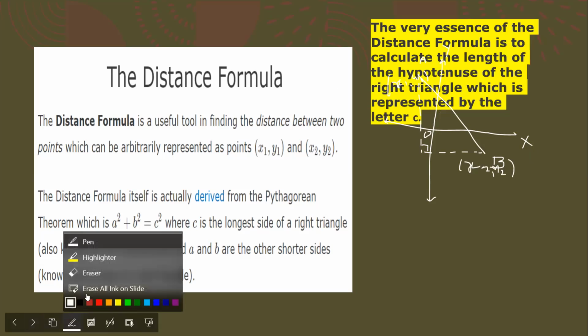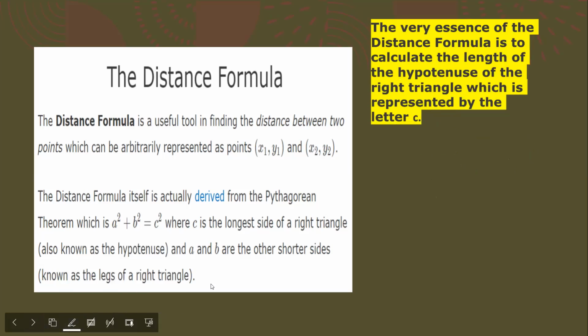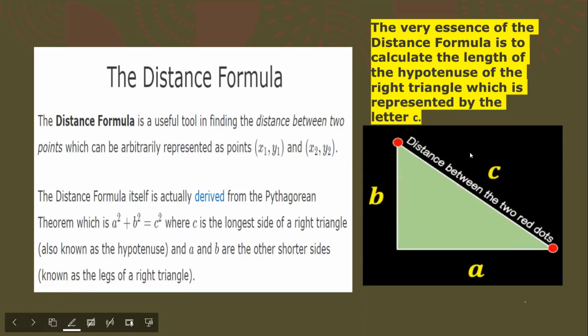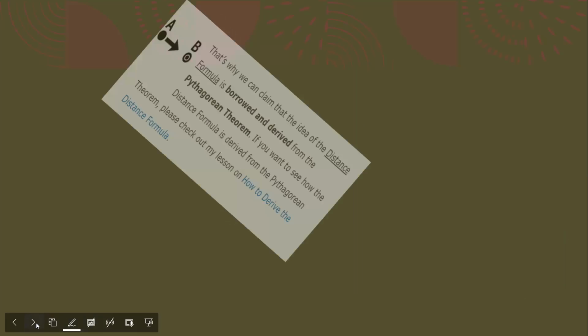The very essence of the distance formula is to calculate the length of the hypotenuse of the right triangle, which is represented by the letter c. So the distance between the two red dots is c, the hypotenuse of the right angle triangle.